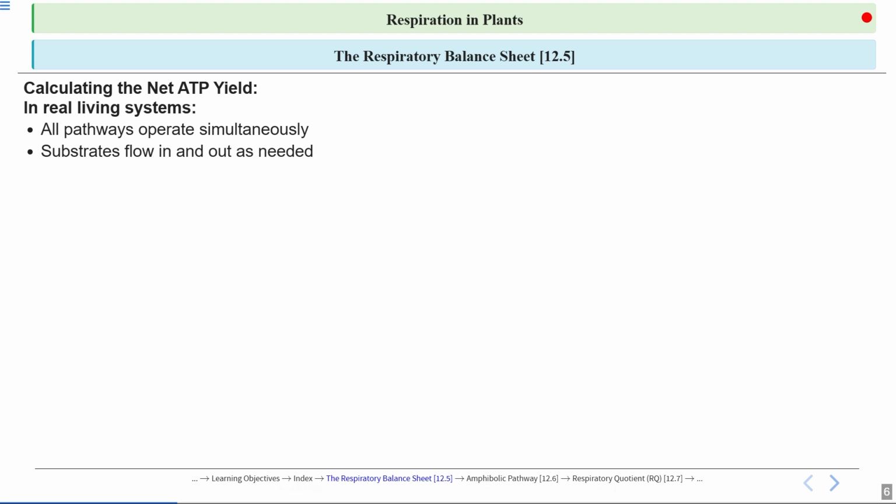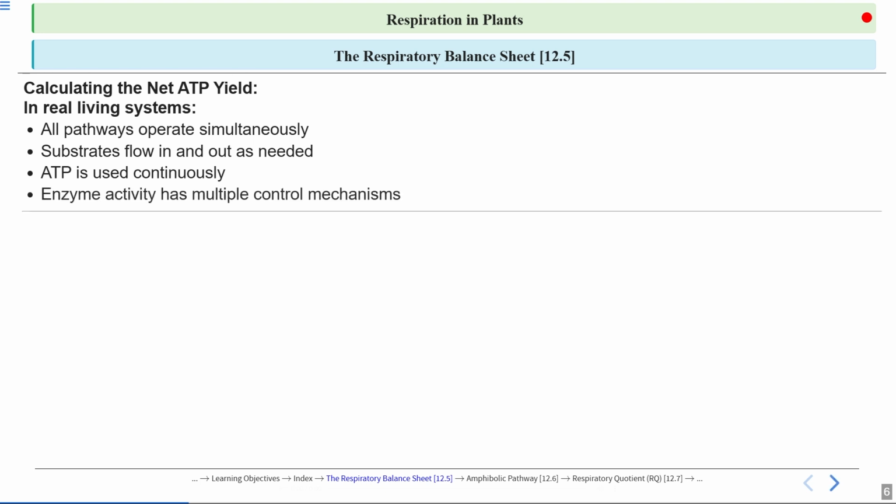Substrates flow in and out as needed, and in the process, ATP is used continuously. Another thing is that enzyme activity has multiple control mechanisms.